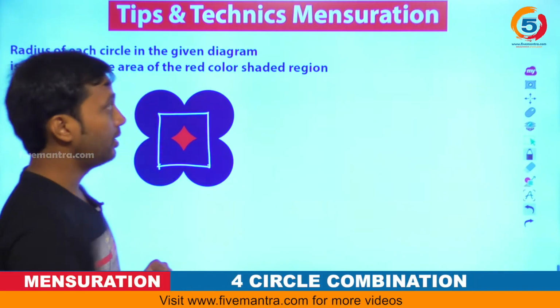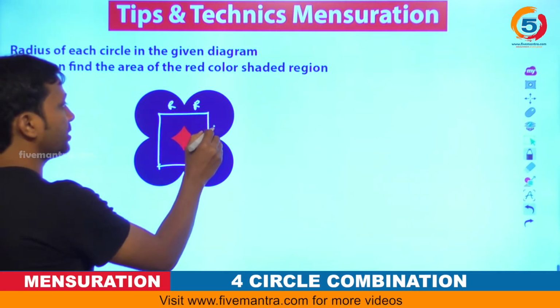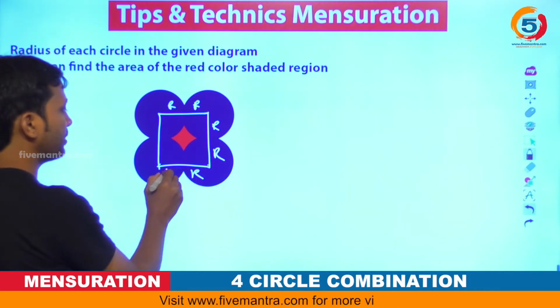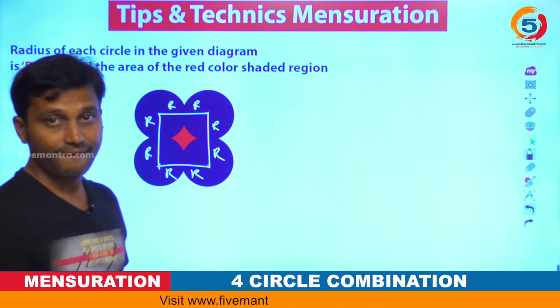Quadrilateral shape. Now again, this is R, this is R, this is R, these all are radii.